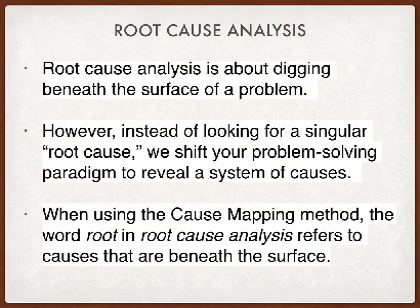However, instead of looking for a singular root cause, we can shift our problem solving paradigm to reveal a system of causes, or a set of causes. When using the cause mapping method, the root word in root cause analysis refers to the causes that are beneath the surface. Now, how do I do this root cause analysis?